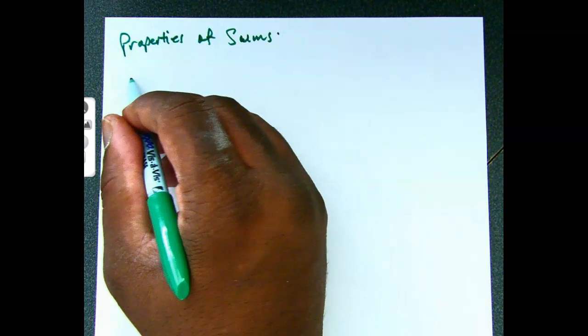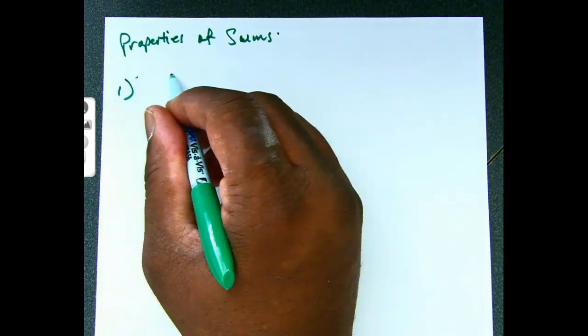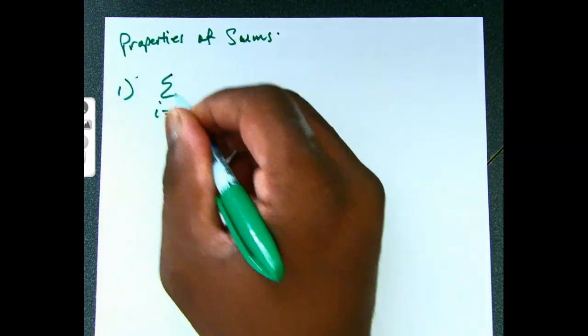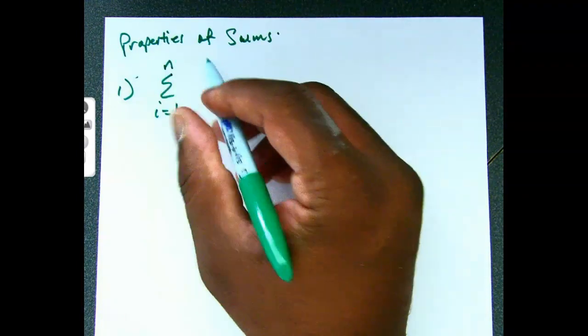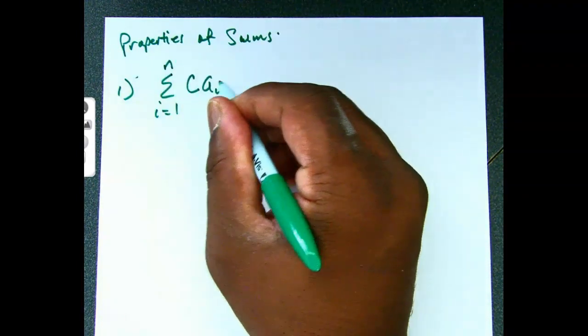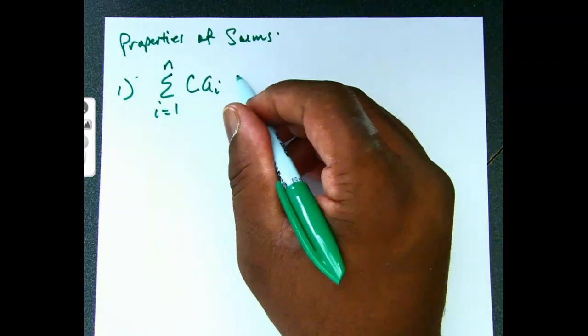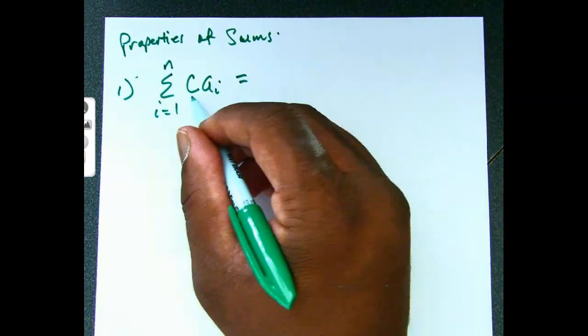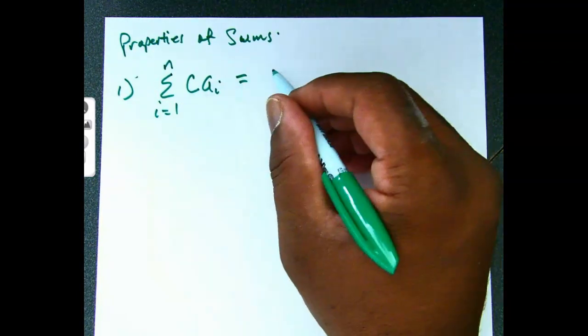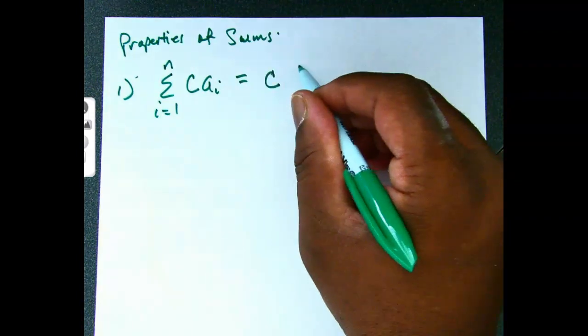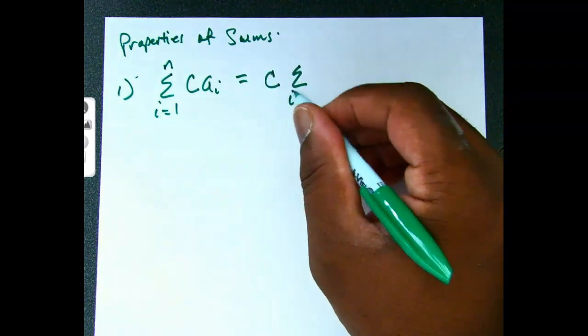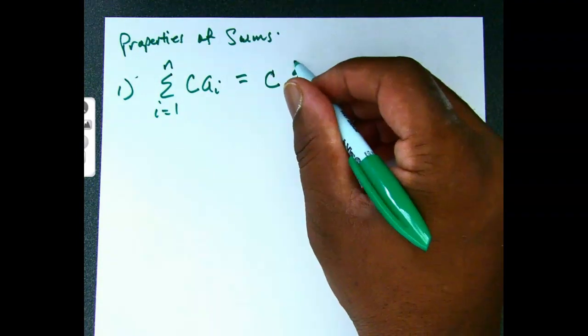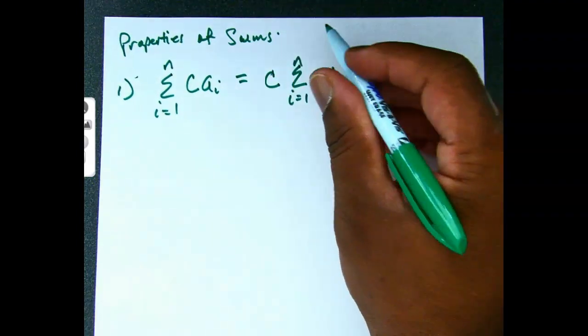Okay, so property 1, the summation i equals 1 to n of c times a sub i is equal to, c is a constant, so we can pull the constant on the outside: c times the summation i equals 1 to n of a sub i.